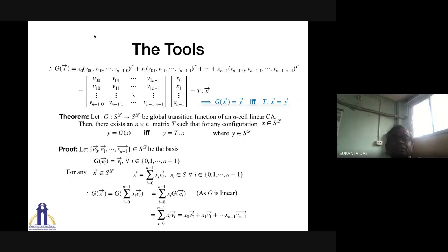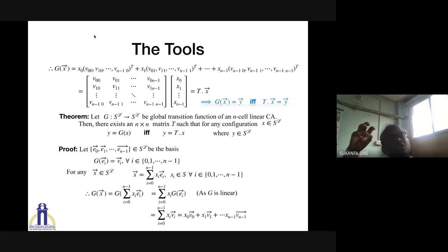Now the next point is that in the proof of this theorem, we have shown that there exists a T, but how can you get this T? When a CA is given, you know that G is not given. A CA is a quadruple, and the local rule is given, right?